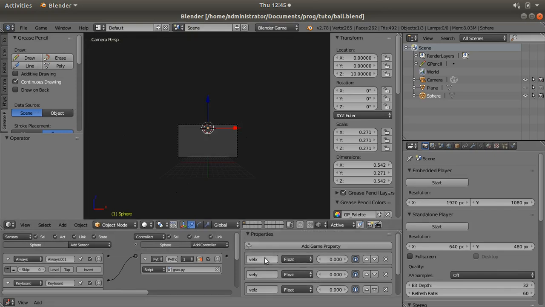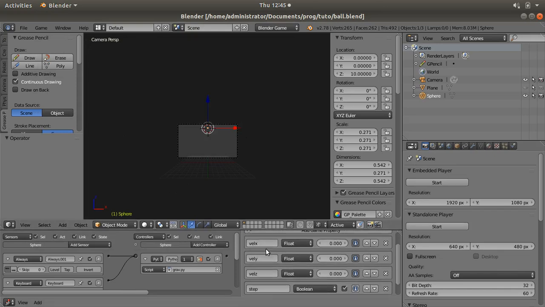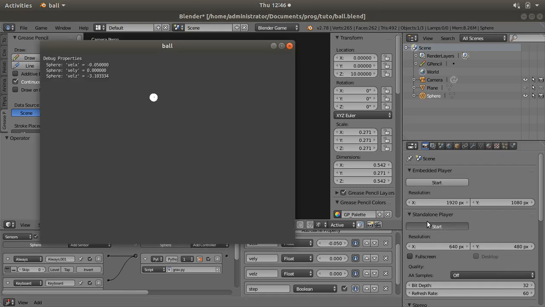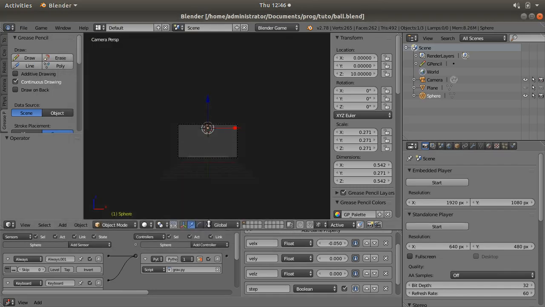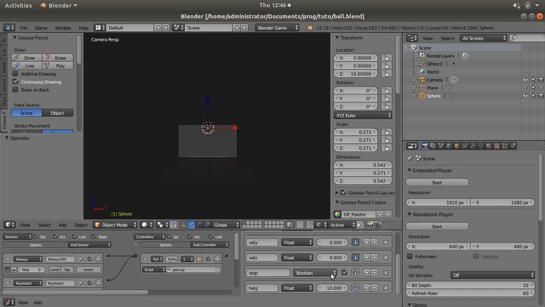And I've got a vector, an XYZ vector, and I can set this manually, and that ball will continue in that direction forever because there's nothing to change it. Z doesn't work quite like that because it has gravity constantly working on it, so it's not changing linearly.